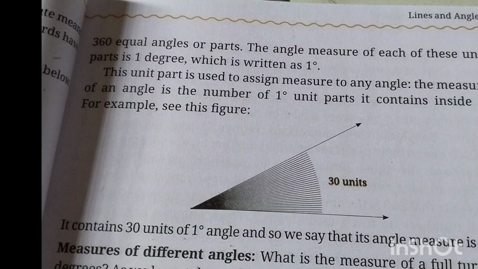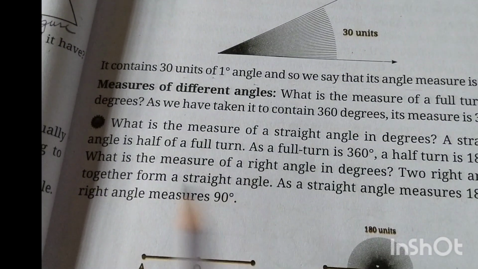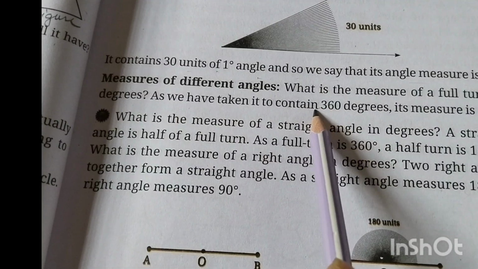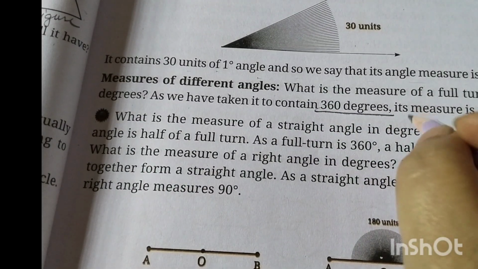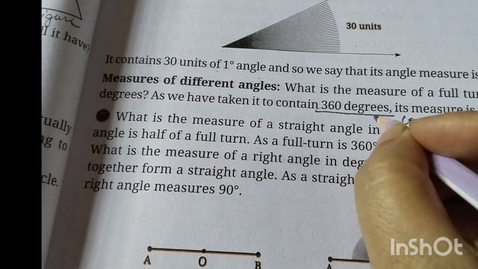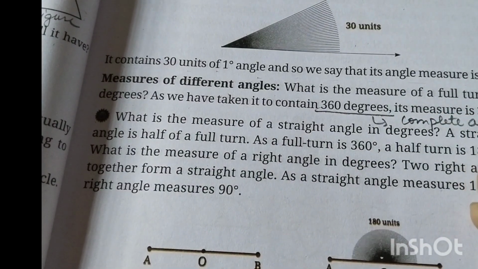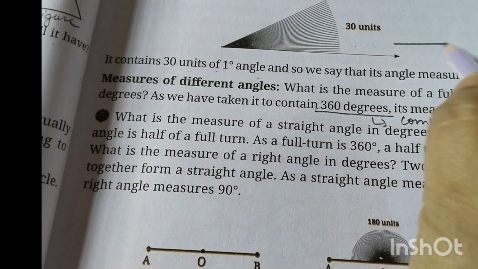Now measures of different angles. What is the measure of a full turn in degrees? Full turn measure is 360. Now what do we call it? Complete angle. The angle having measure 360 degree is known as a complete angle. And it is shown like this, complete angle.